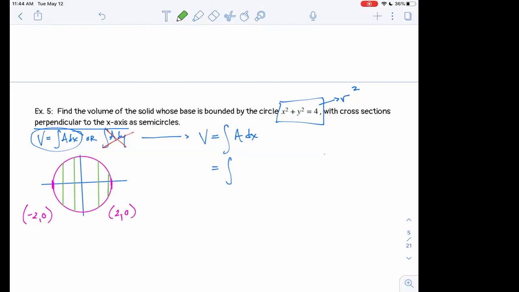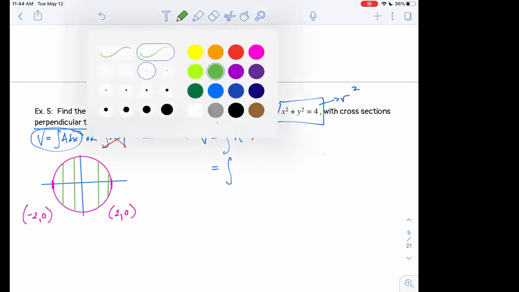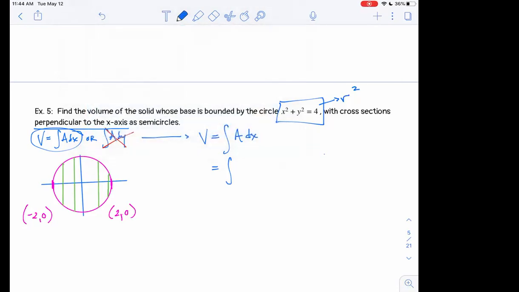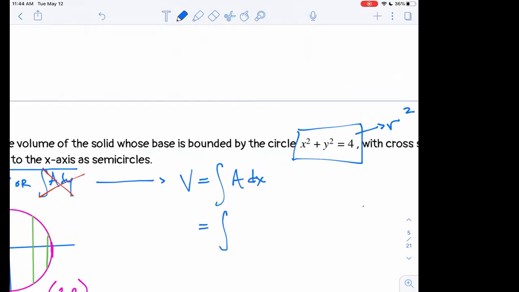Now, let's go ahead. Can someone else tell me what the area formula is for a semicircle? ½ pi r squared. Good. So over here, I'm going to go ahead and write 1/2 pi times the radius squared dx.